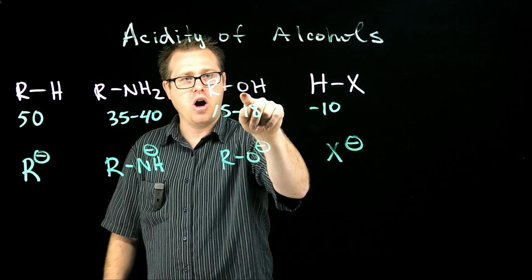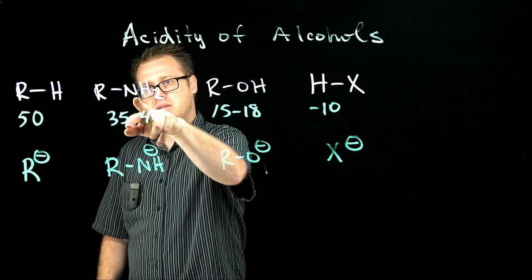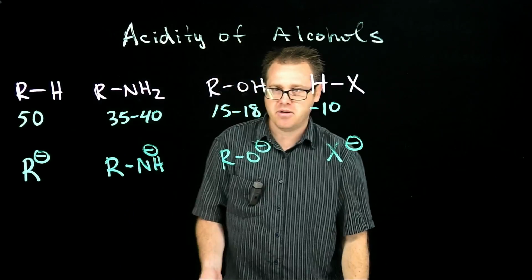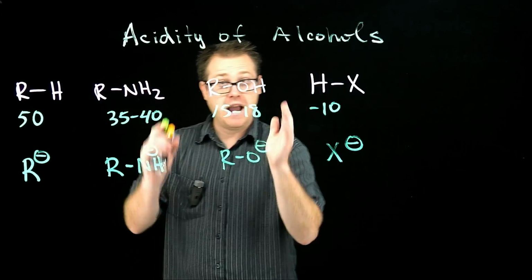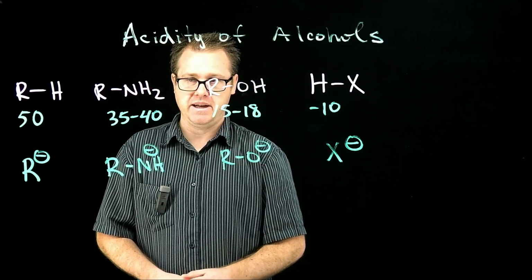Is an alcohol more acidic than an amine? Well, look at its conjugate base. You can tell the acidity when you're comparing 2 molecules by looking at the stability of their conjugate bases.